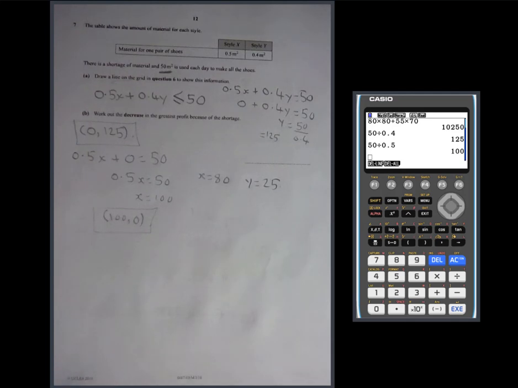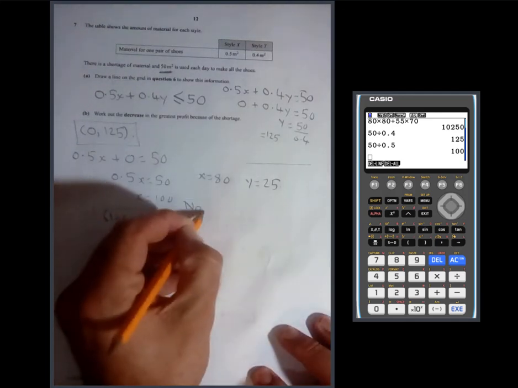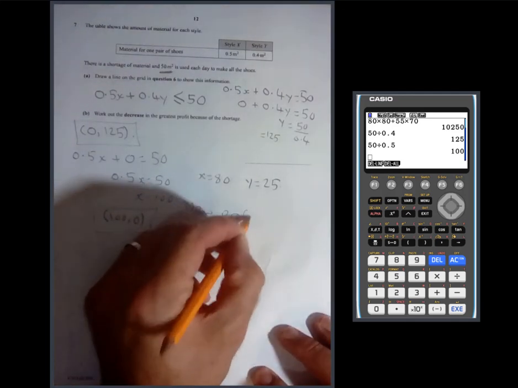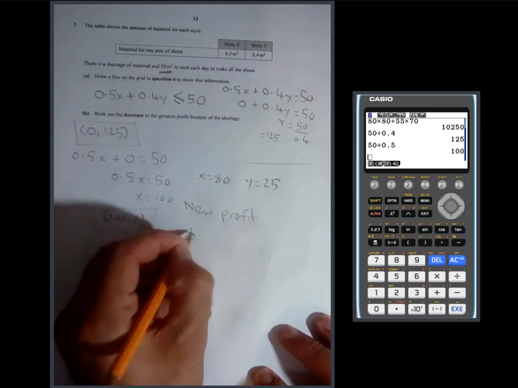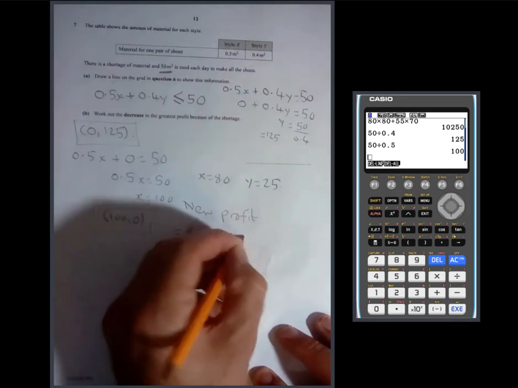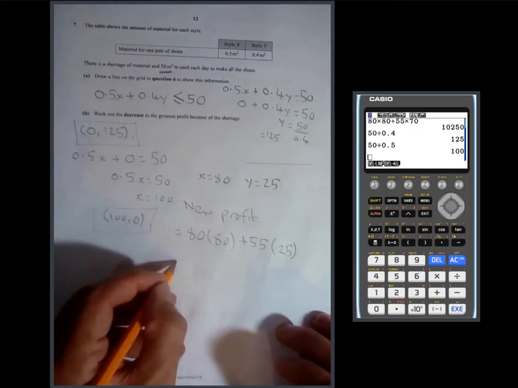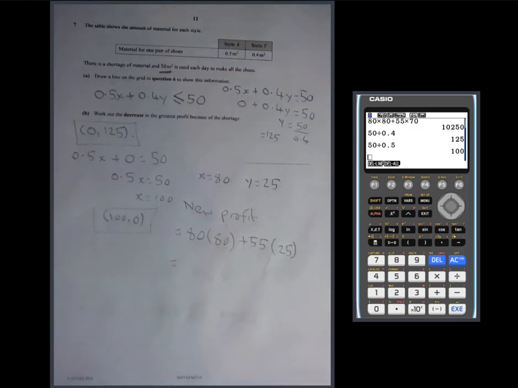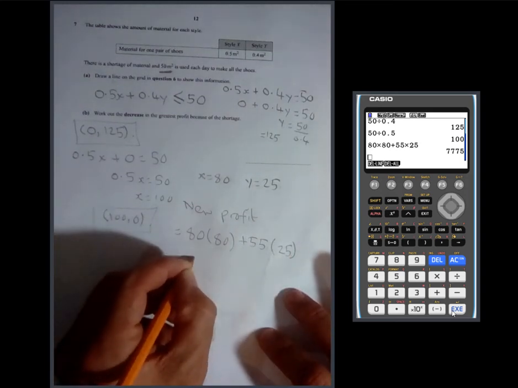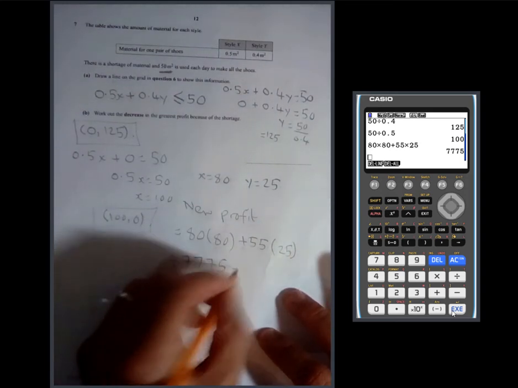So our new profit equals 80 times 80 plus 55 times 25. Go to our calculator: 80 times 80 plus 55 times 25. That gives us 7,775 as the new profit.